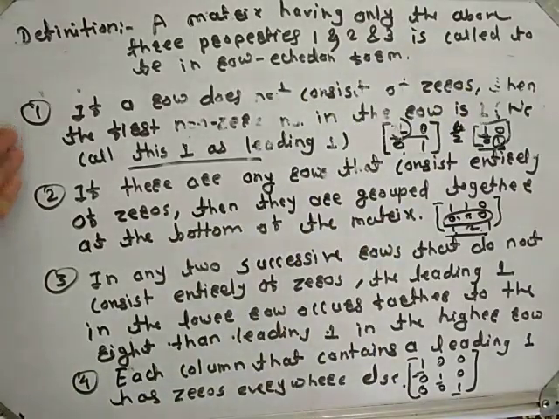Means what? If a matrix satisfies these 3 properties, then we say that the matrix is in row echelon form. And if a matrix satisfies all 4 properties, then we say that the matrix is in reduced row echelon form.